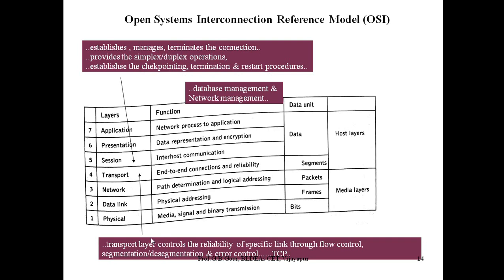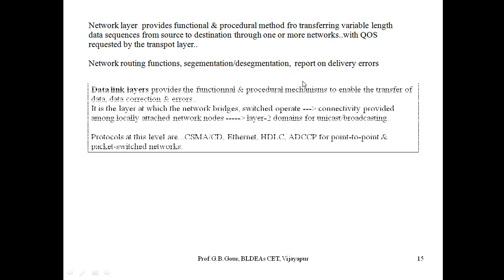So the transport layer here controls the reliability of a specific link through flow control, segmentation or error control, for example TCP. The network layer provides functional or procedural methods for transferring variable length data sequences from source to destination through one or more networks. Network routing functions, segmentation, and reporting on delivery errors are done with the help of the network layer.